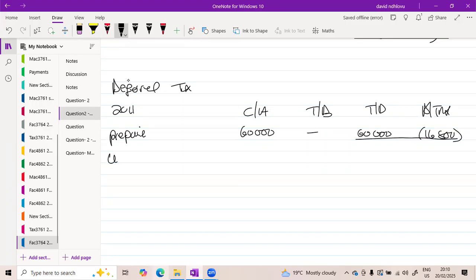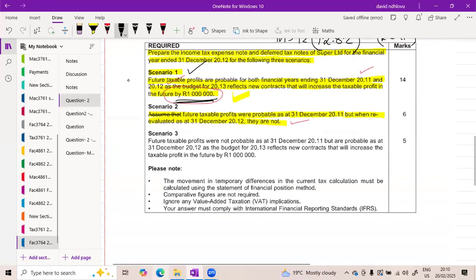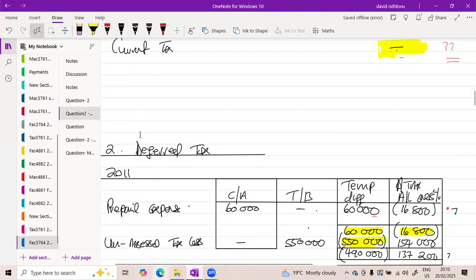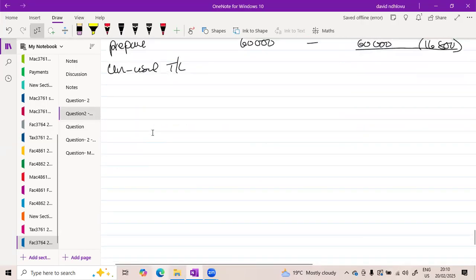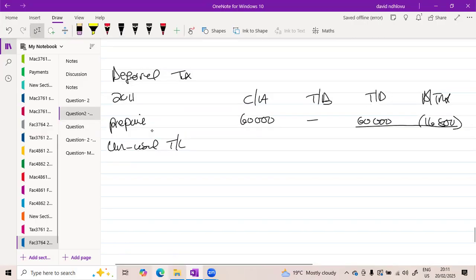Then we have unused tax losses. On unused tax losses, this is what is happening. The future taxable profits were not probable on 31 December 2011. We know that in 2011 we were having an unused tax loss of 550,000.